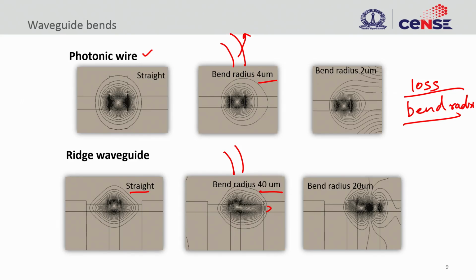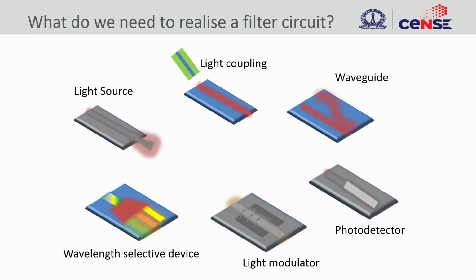If you want a very compact circuit, then you go with the photonic wire waveguide, and when you want very low loss and do not care about compactness, so it can be a reasonably large circuit, then you go with a ridge waveguide. It is up to the user to choose the waveguide platform based on the requirement, and there is a trade off here, either loss or compactness. That is all about waveguides.